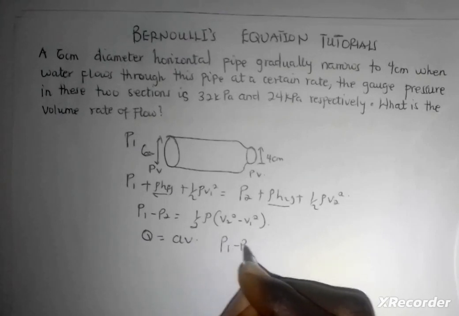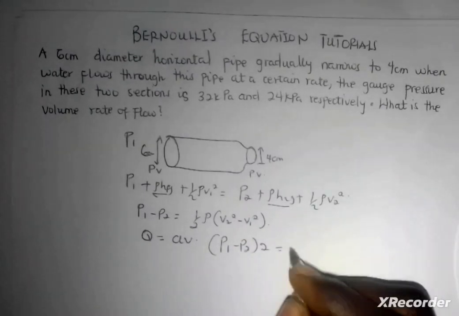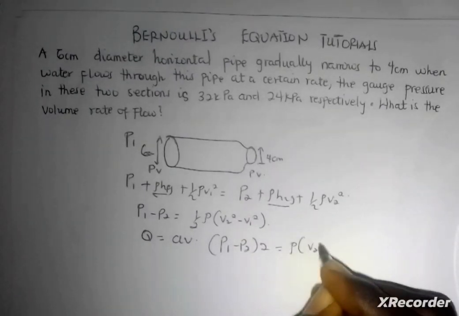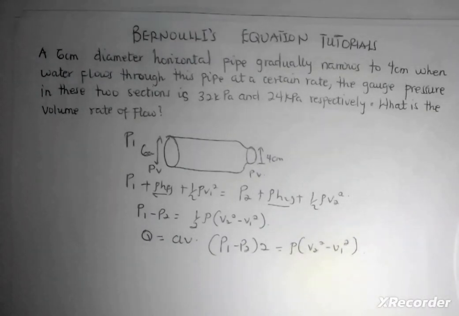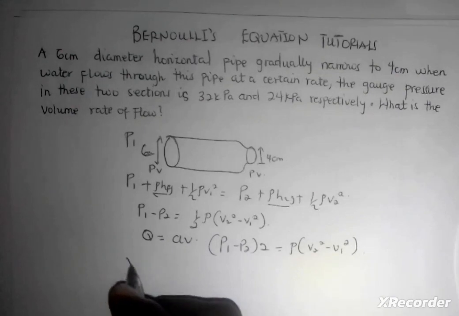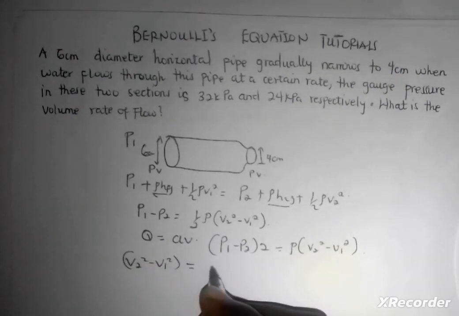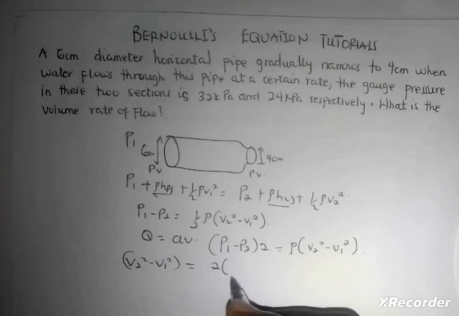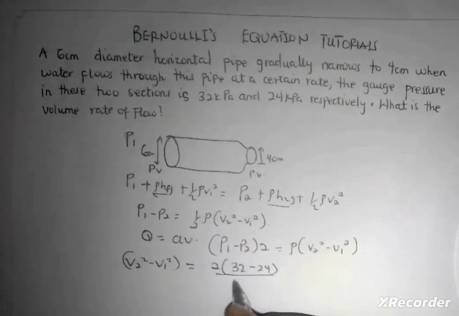P1 minus P2 multiplied by 2, and this should be equal to rho times V2 squared minus V1 squared. So I'll make V2 squared minus V1 squared the subject, and this will be giving me 2 multiplying our pressures, I'm going to have 32 minus 24, everything over rho, and rho is the density of water, which is 1000.